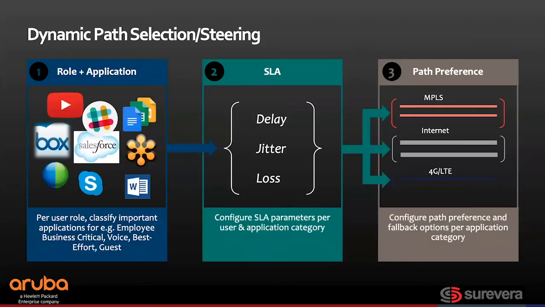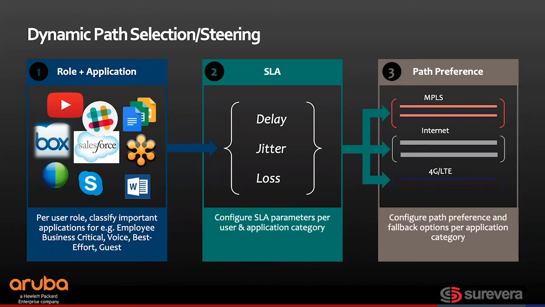This talks a little bit more in depth about that dynamic path selection. It touches on what I briefly mentioned a couple slides back, looking at the role and application. So the role that Will was just talking about, we add role plus application to then add SLA. Say we're an IT user or an HR user, for example. Let's go with HR.